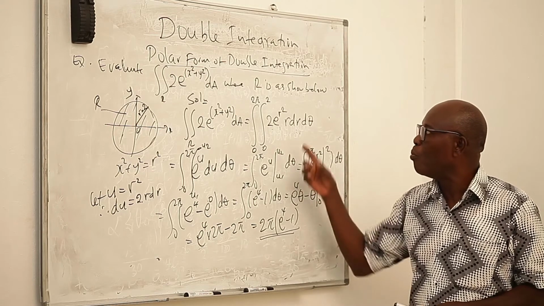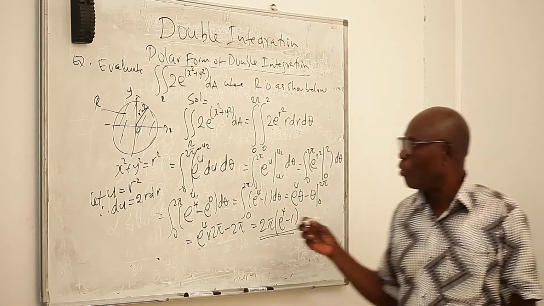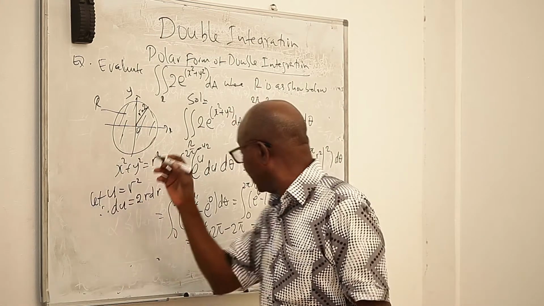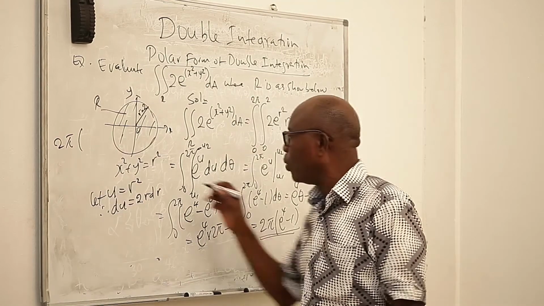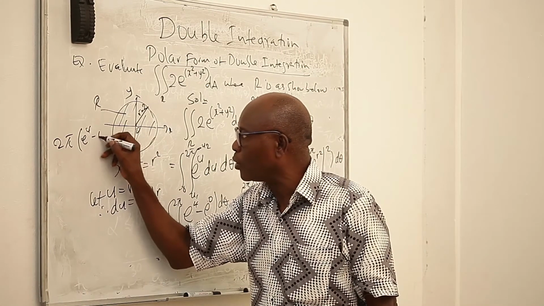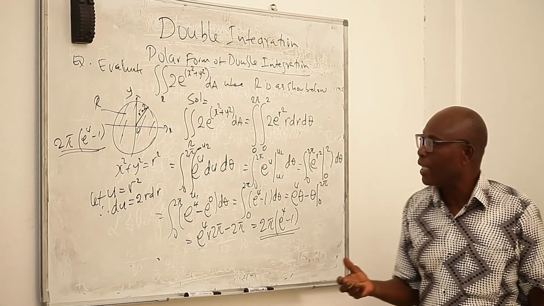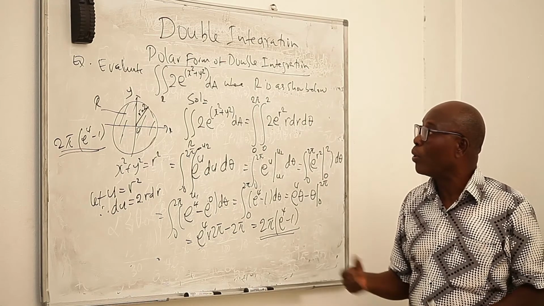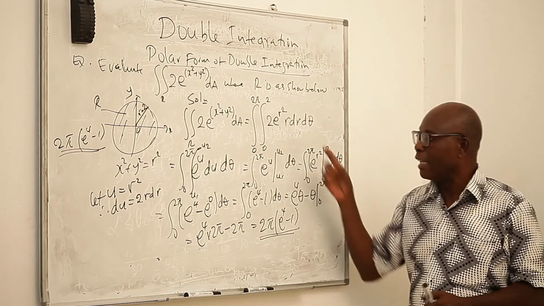And so if you move along r, the volume or double integral gives us 2π(e^4 minus 1). You can put this one in the calculator and get the answer. You can also decide to work along the angle theta first.